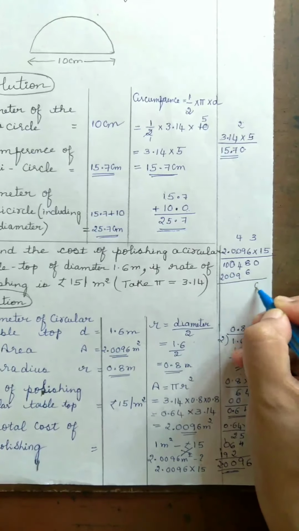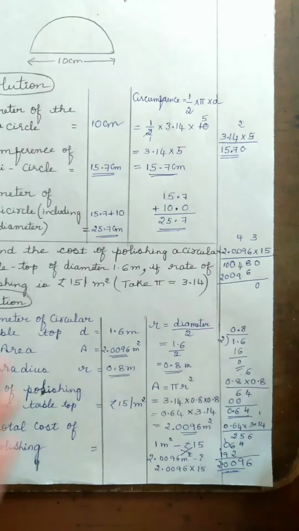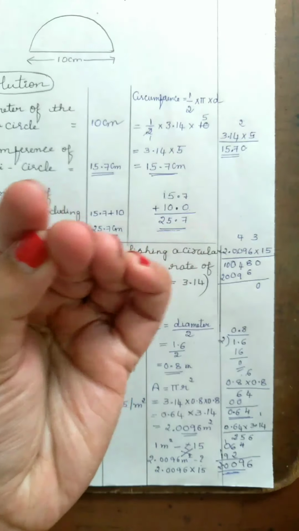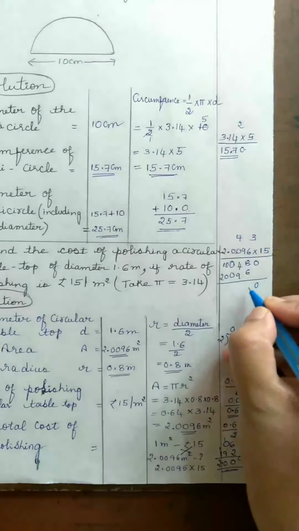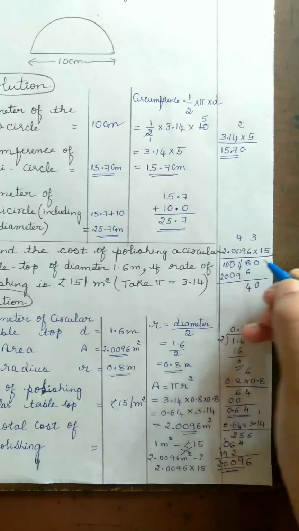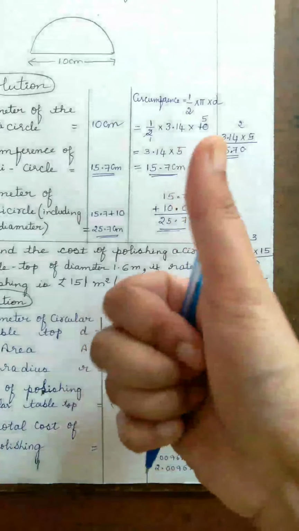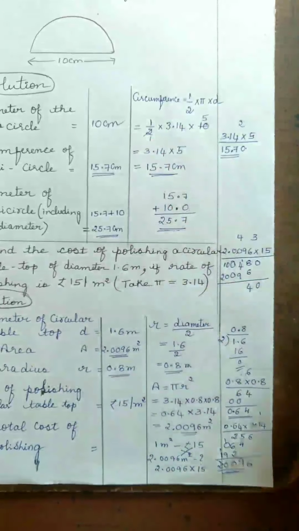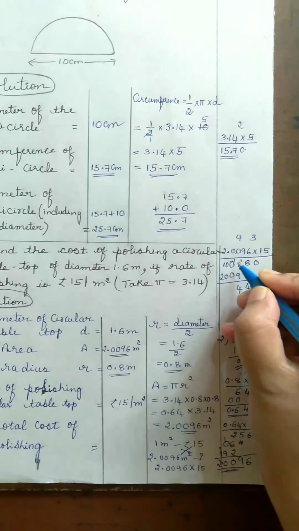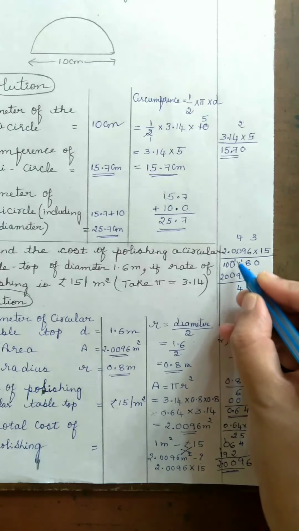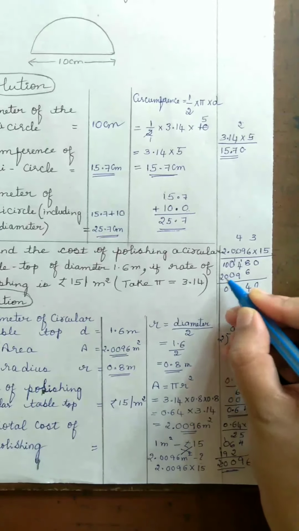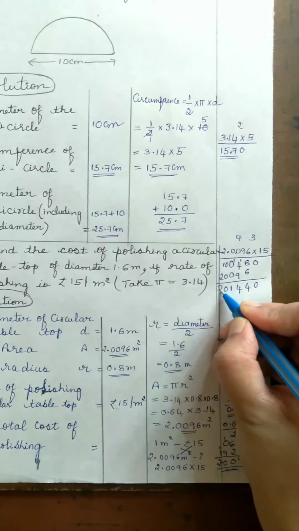Therefore 0, 8 plus 6, 14, 1 carry on, 4 plus 1, 5, plus 9, 14. Therefore 14, 1 is carry on. Therefore it is 1 here, then 0, 2 plus 1, it is 3.